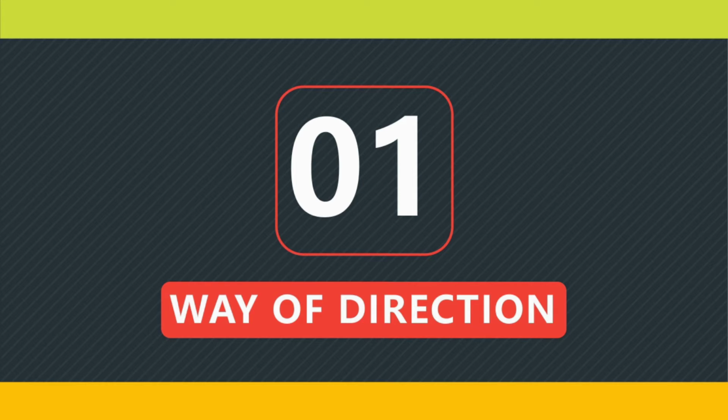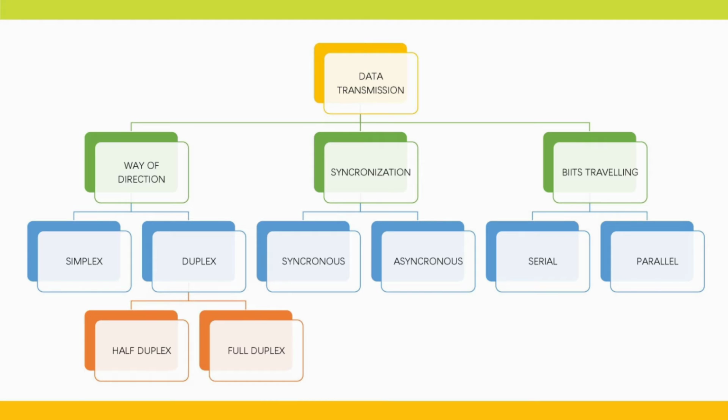By way of direction, it means in a wired connection between two devices, the information is exchanged from one device to another and from another to the first, or we can say 1 to 2 and 2 to 1. It is also of two types. First is simplex and another is duplex.